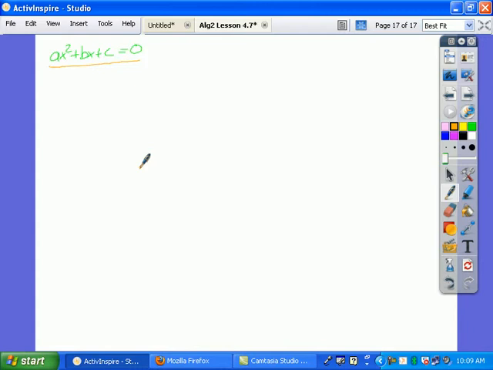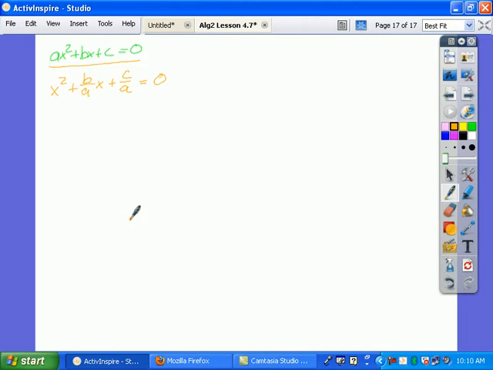All right, so I want to complete the square. So step one says I never want to complete the square with a value out here, so I need to divide it out. I need to get rid of it. And so that's going to give us x squared plus b over a x plus c over a equals 0, because 0 divided by a is just 0.